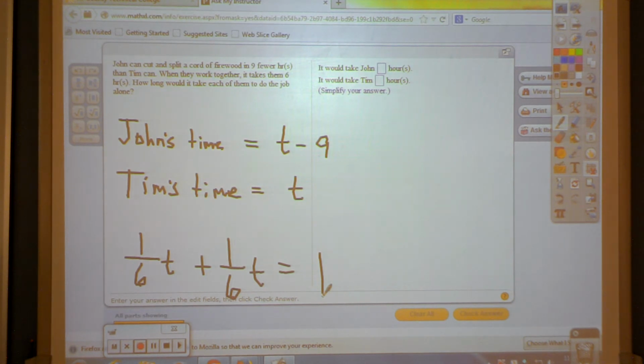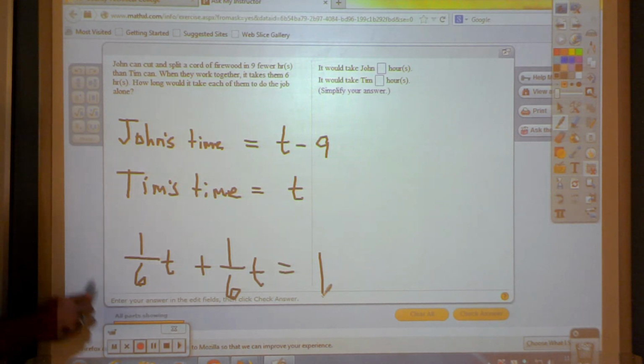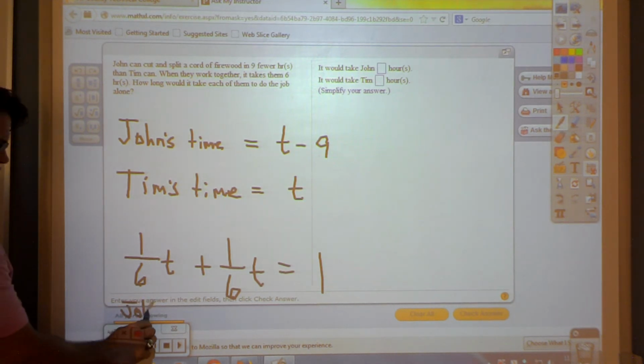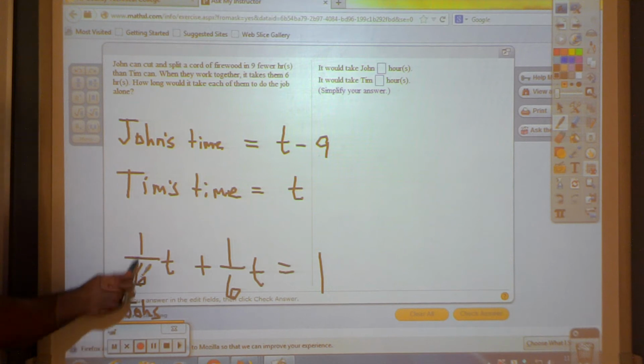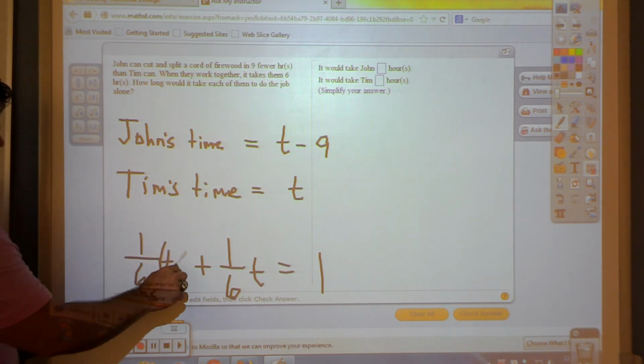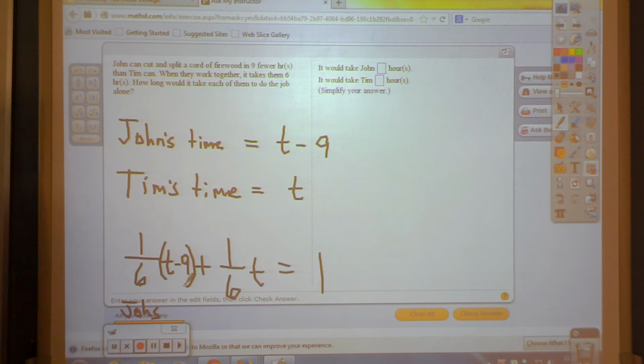Now we have to plug in the T's, because John's time is not 1/6 T. His time is what? 1/6 what? T minus what? 9. Now you've got what you need to go ahead and get started.